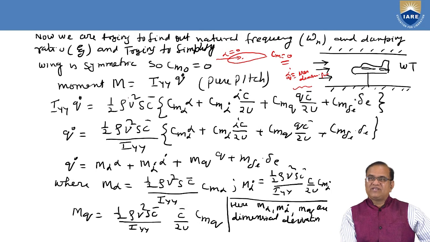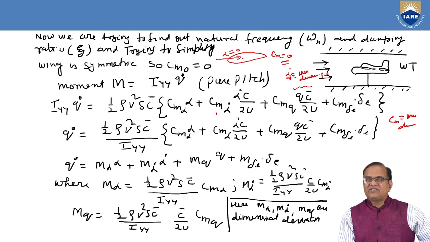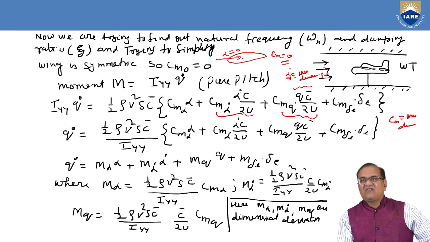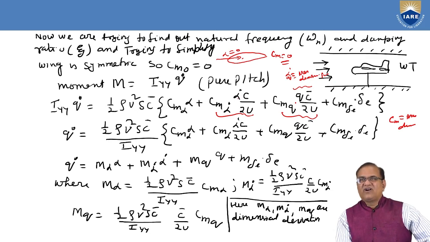But in this equation, we want Cm in non-dimensional form. To have it non-dimensional, we have multiplied this term and this term by c by 2u. If you multiply it, alpha dot will become non-dimensional. So that is the purpose of multiplying alpha dot by c by 2u1.